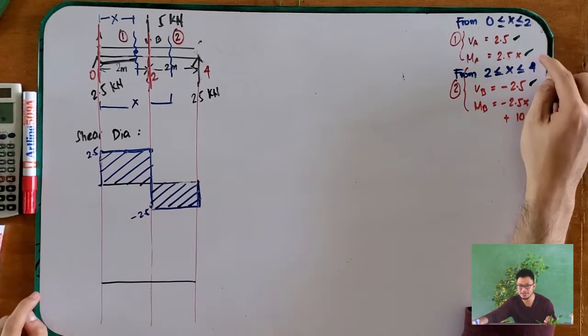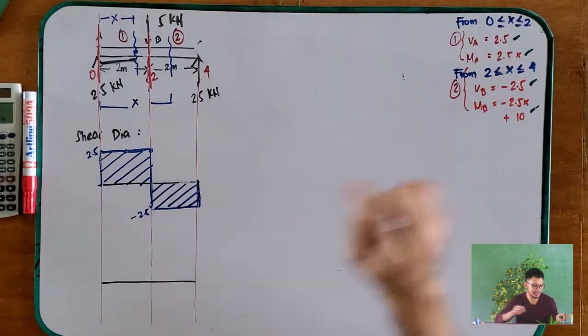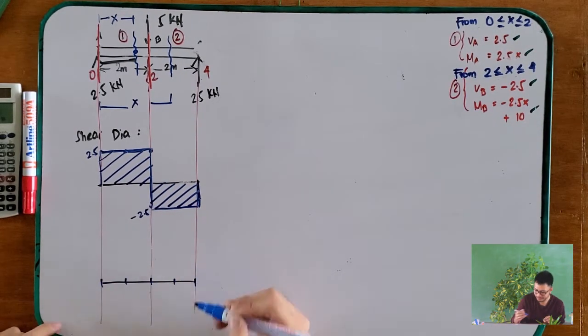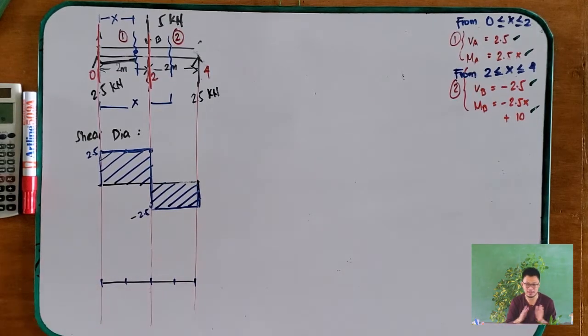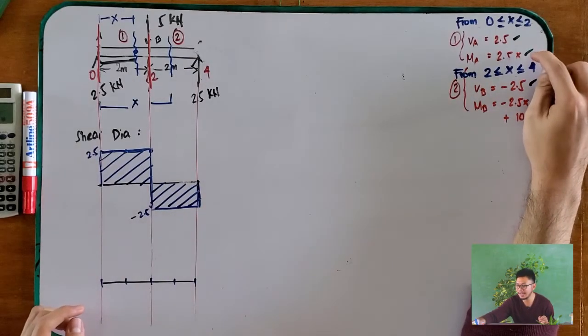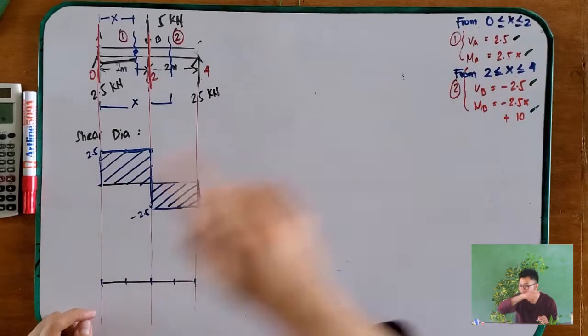Let's use our moment equation. Let's mark 0, 1, 2, 3, 4 and show the values. If it is just x, we can imagine it is a straight line. So if the equation is linear, it is a straight line. But if it is squared, it is parabolic. If your x is squared, parabolic. If there is no square, linear. If there is no x, then it is a horizontal line.